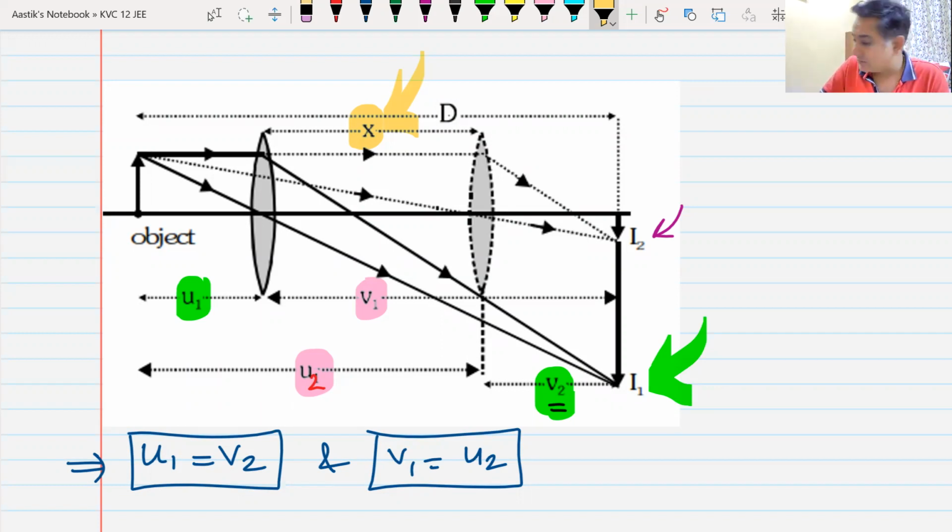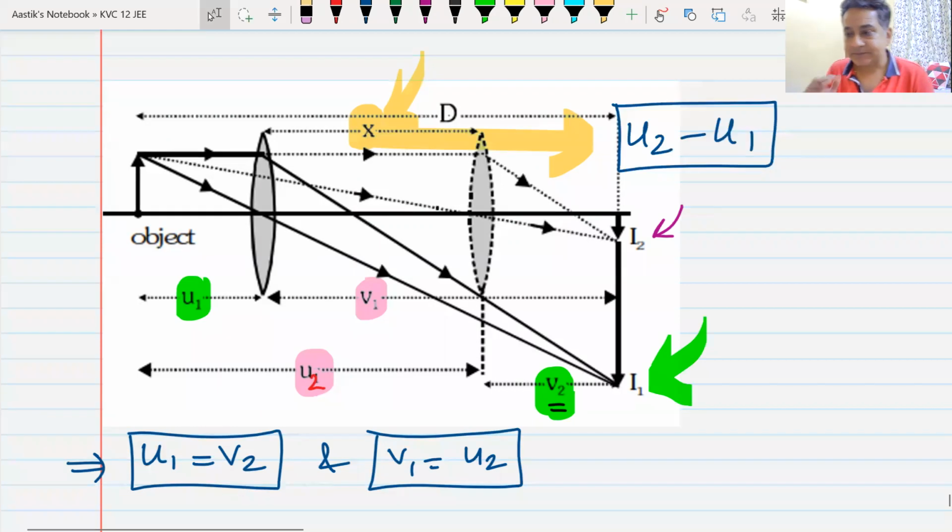That x you can calculate from the diagram. As you can see, the value of this x is nothing but U2 minus U1. Do we understand this? X is the distance your lens has to move, which is the practical that you are going to do. That will be equal to U2 minus U1.